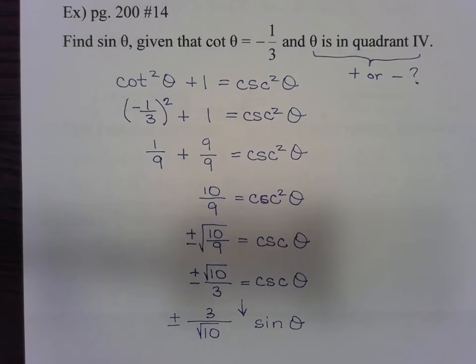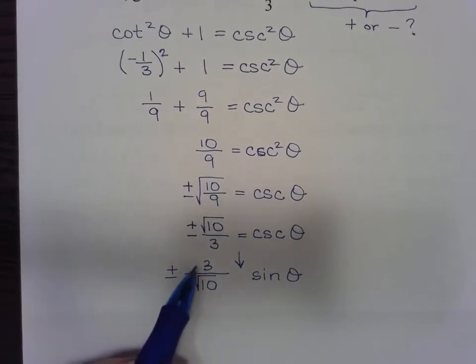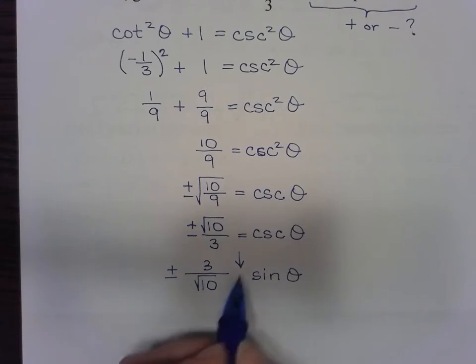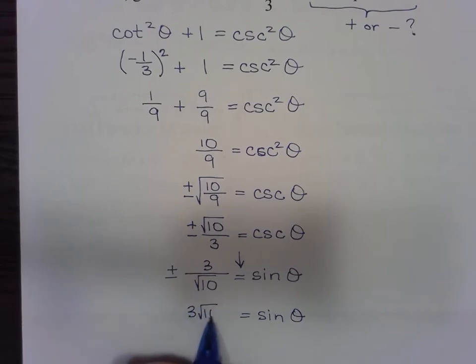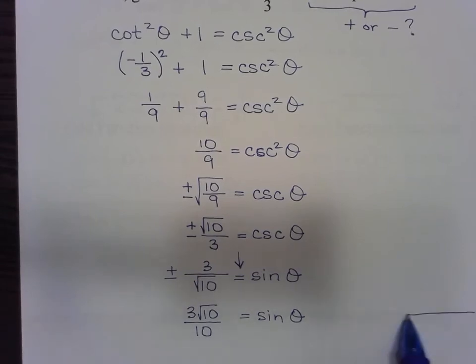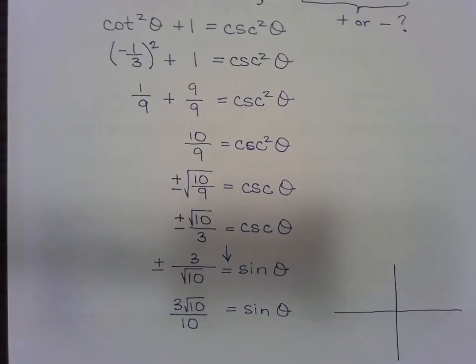We're also asked to rationalize the denominator, so let's go ahead and do that. So if I multiply top and bottom by the square root of 10, I'll have 3 square root of 10 over 10. Okay, and if I go back to that piece of information that we wanted to add in at the end, right?